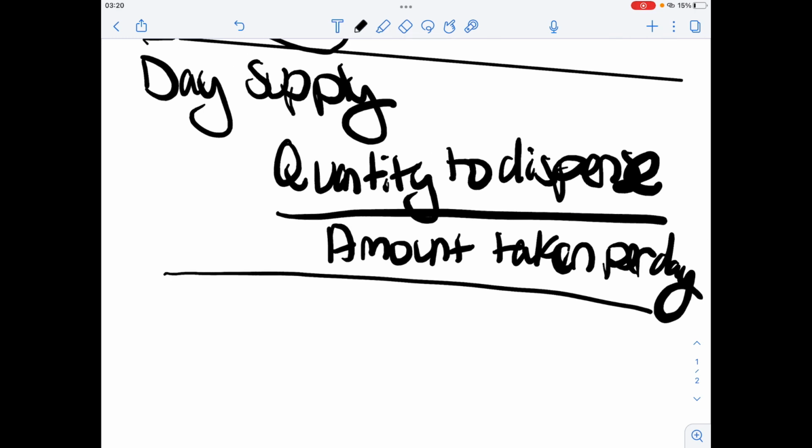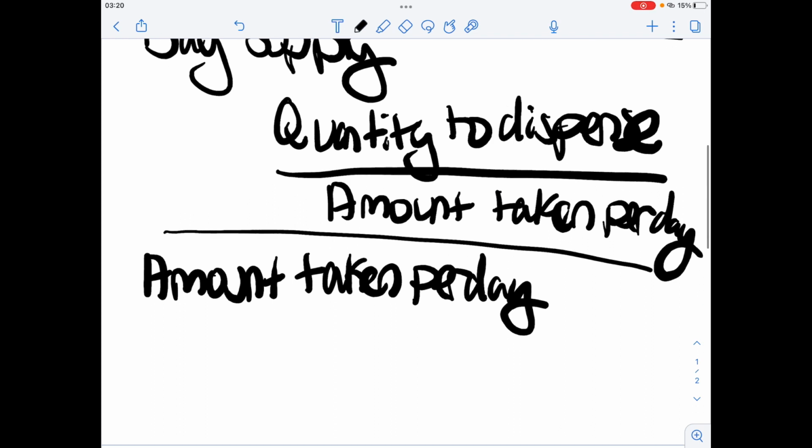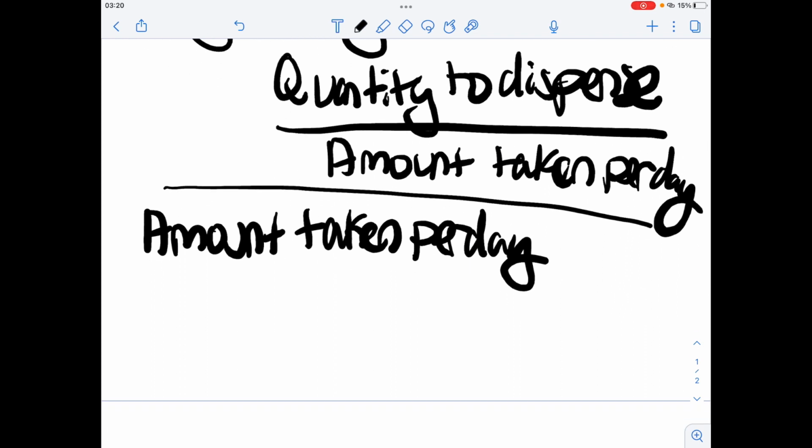Next is the amount taken per day. And this we get simply by dose times frequency.